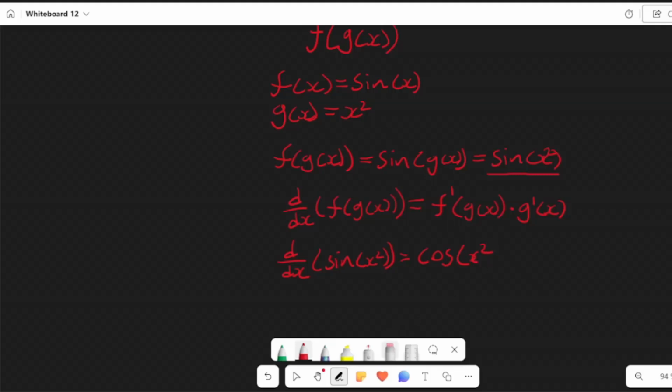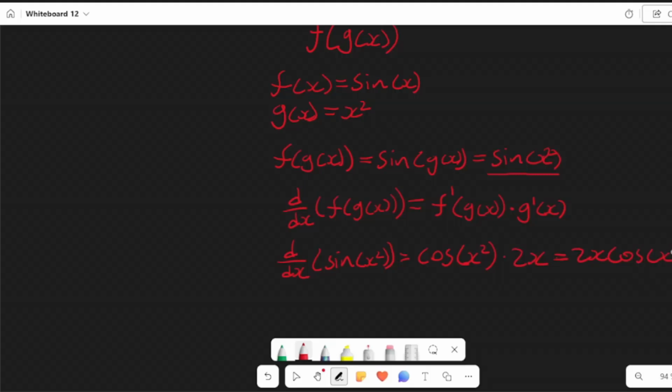So cosine, okay, that's not very pretty, but the cosine of x squared, and we want to multiply that by the derivative of g of x. So it's going to be the derivative of x squared, which is 2x, if you use the power rule that I demonstrated earlier on. So cosine of x squared times 2x, which is 2x cosine of x squared.